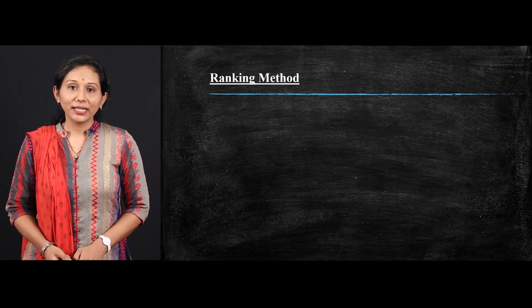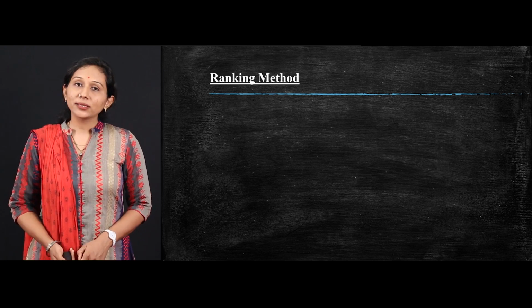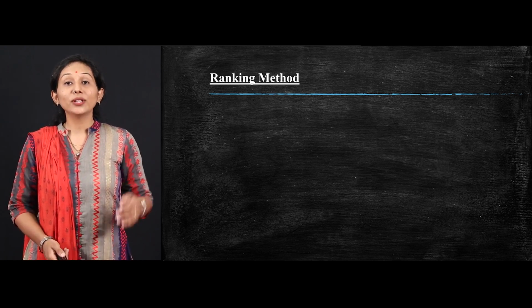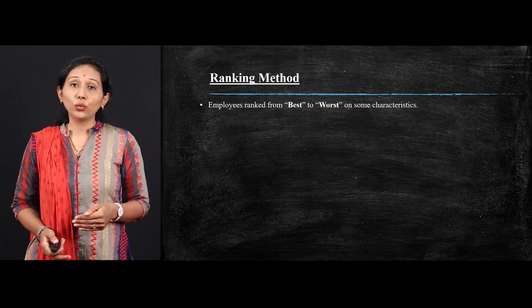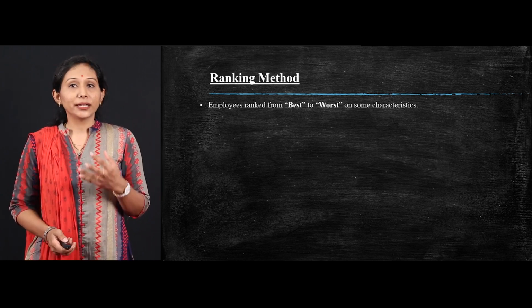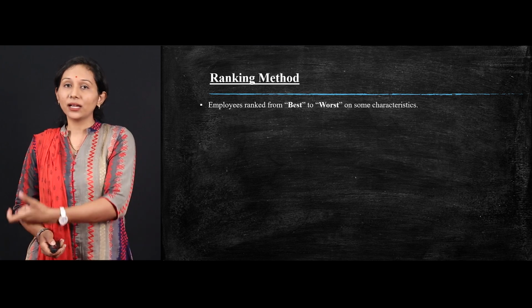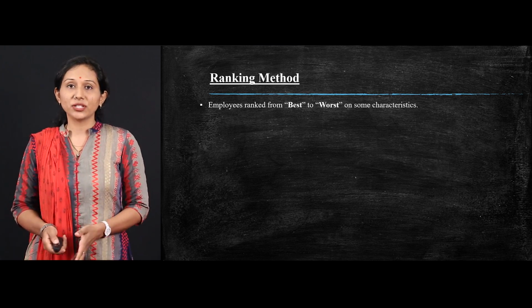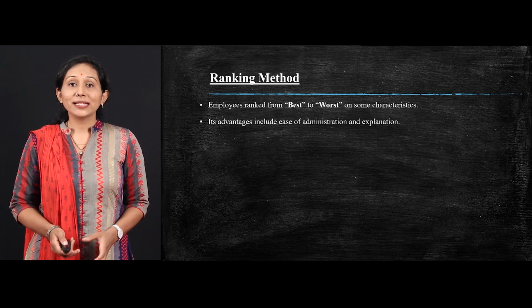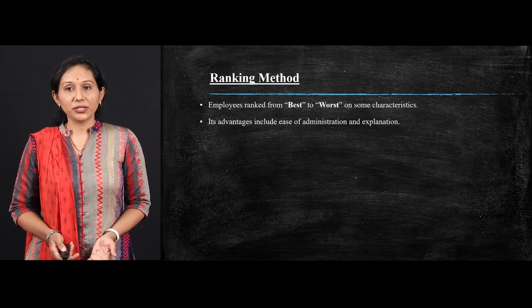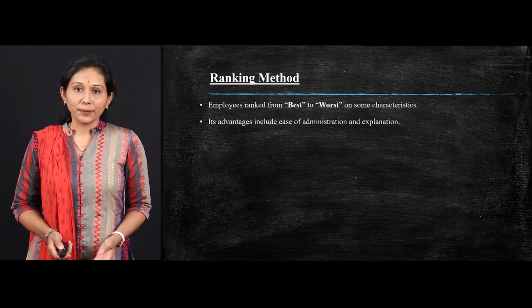The next method is ranking method. Now, as the name suggests, it is about ranking each and every individual employee from best to worst or worst to best. It is not that the criteria are ranked, it is the employees who are ranked. Its advantage is that it is very easy to administer and to explain.